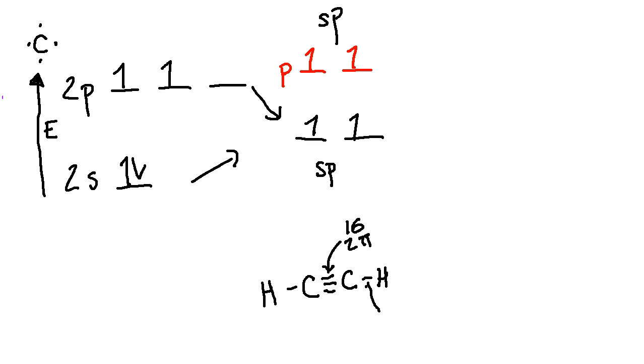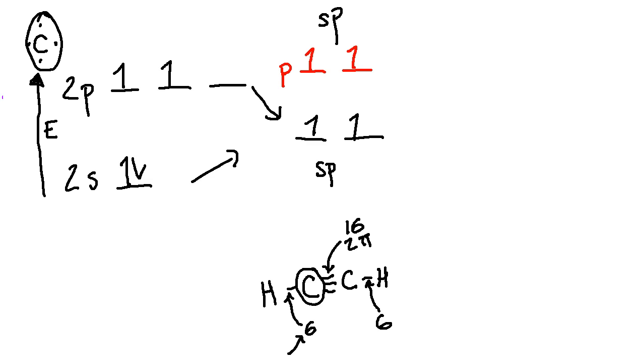And then here, these are just sigmas. So take a look at each carbon, because this is a diagram for 1 carbon. Each carbon would be involved in 2 sigma bonds. One of them would be the sigma between the hydrogen and the carbon. The other would be the sigma found between the carbon and the carbon.